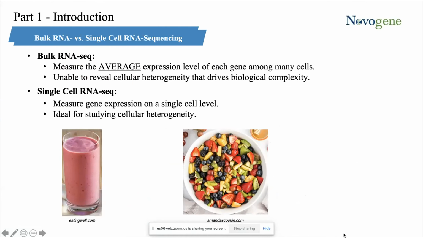Single-cell RNA-seq, on the other hand, measures gene expression levels in each cell, similar to characterizing the flavors of each fruit without blending them. Therefore, bulk RNA-seq masks cellular heterogeneity, while single-cell RNA-seq is ideal for revealing cell-to-cell variation on a transcriptome level.